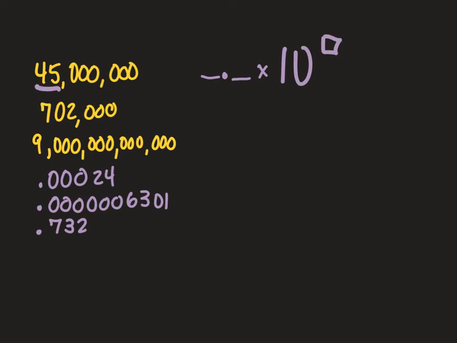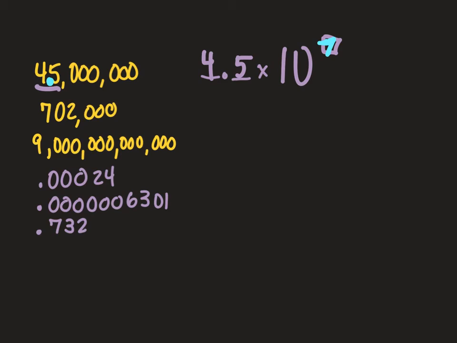If I look over here, the 4 can go in front of the dot, the 5 can go in the back. If the dot was between the 4 and the 5, how many hops would it take to get to the back of the number? 1, 2, 3, 4, 5, 6, 7. Since we went to the right, it is +7.